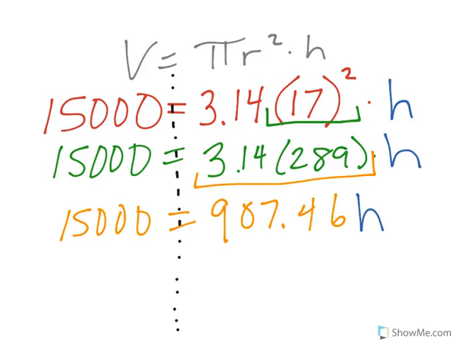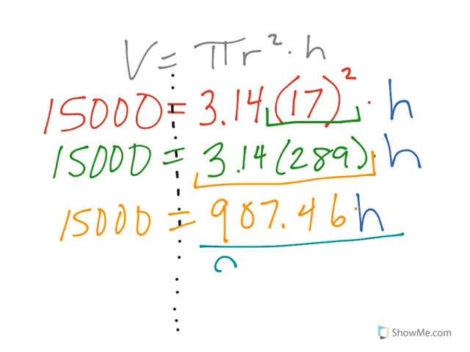Notice that I'm not rounding at all at this point, because we want to be as exact as possible until the very end. Now you can see in this orange step, I have an orange number touching h. If a number is touching a variable, that implies multiplication. So to undo multiplication, we are going to divide.